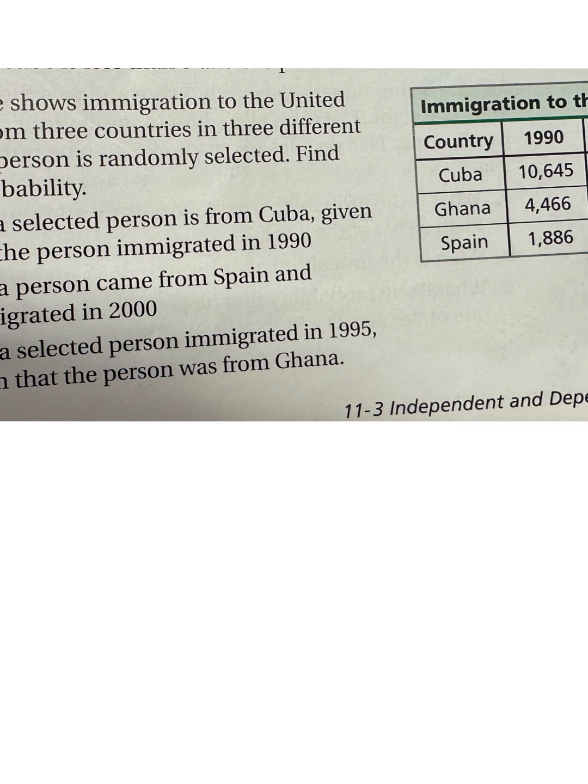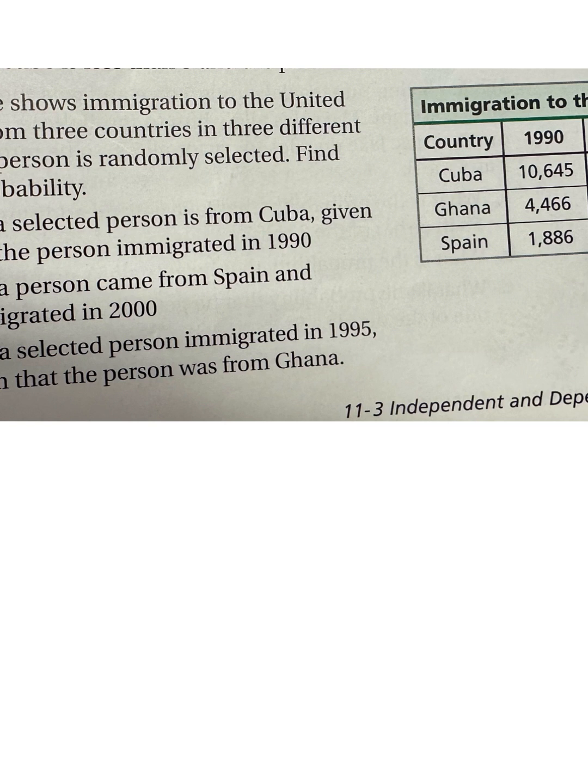So part A says that a selected person is from Cuba, given that the person immigrated in 1990. See, the probability changes depending on the year. That's why we would say it's dependent. It's not the same probability regardless. So given that it's 1990, this is the number. Given that it's 1995, this is the number. Given that it's 2000, this is the number.